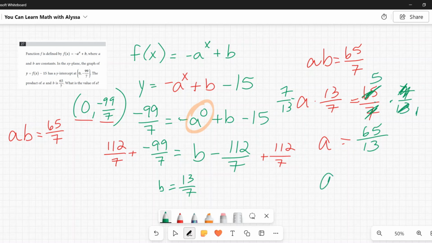Either way, I get that 65 divided by 13, or 5 divided by 1, is 5, which is my value of a, and that is my answer. I bet you didn't think we were going to get to 5 when we started with negative 99/7, but here we are, and you have finished!